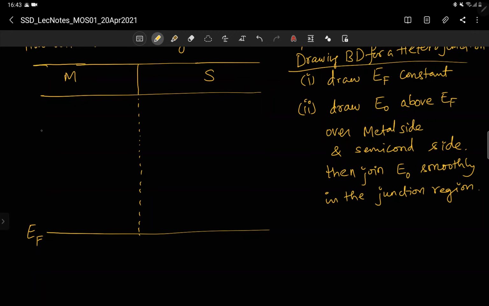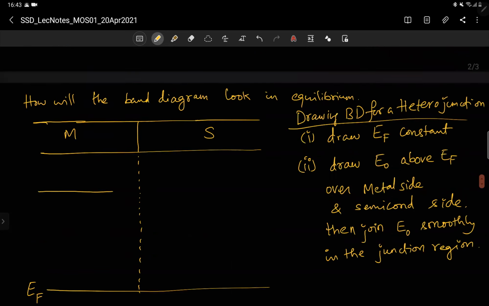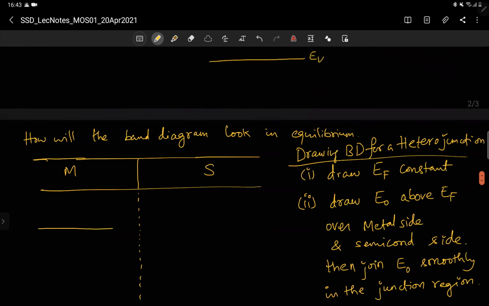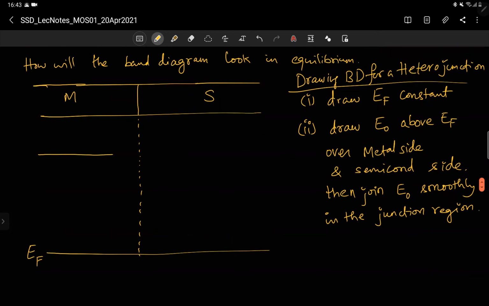So now you have E0 here, you draw. I will leave some portion for charge transfer. I will draw the energy levels as they are seen before forming the junction, quite far away from the junction. So E0 is somewhere here.